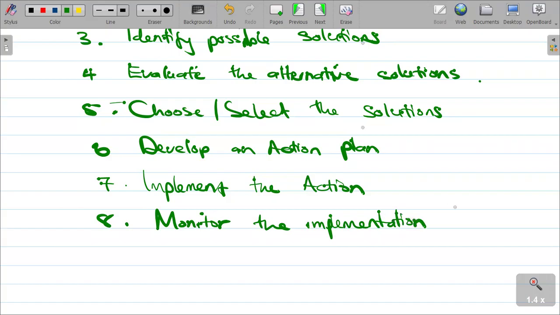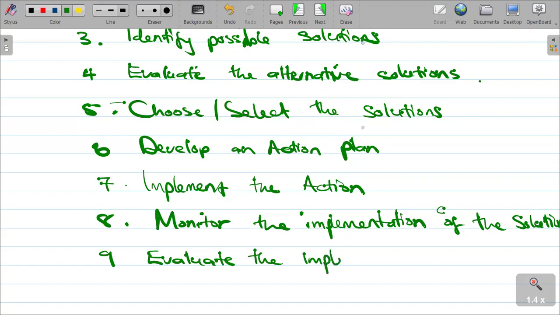And lastly, you evaluate the implemented solution.